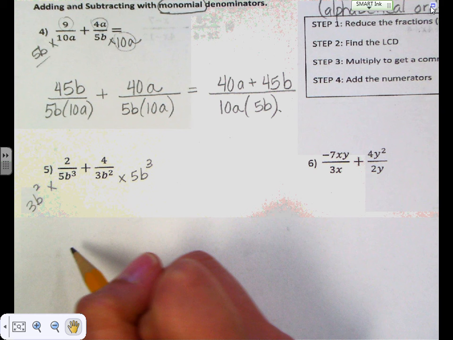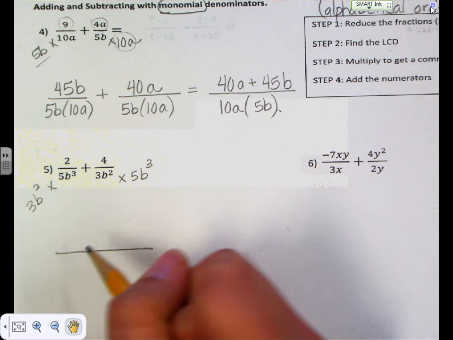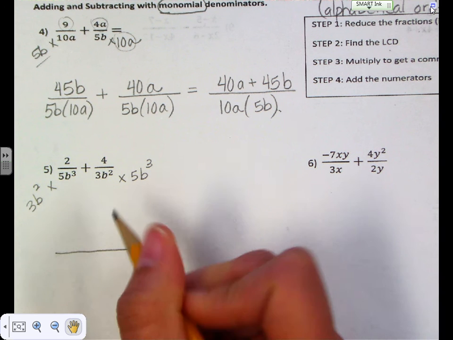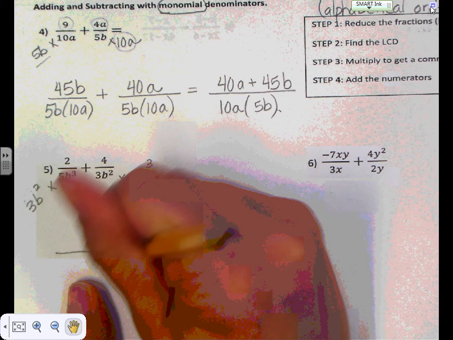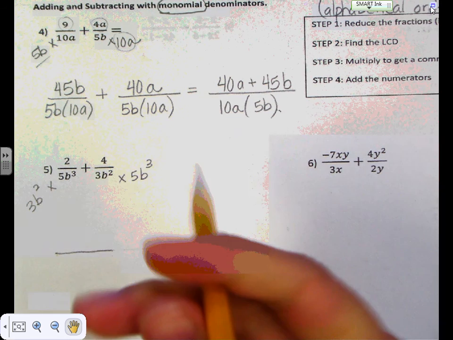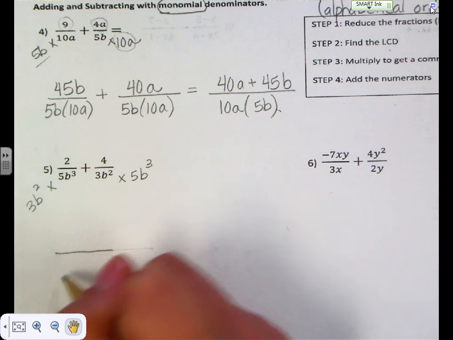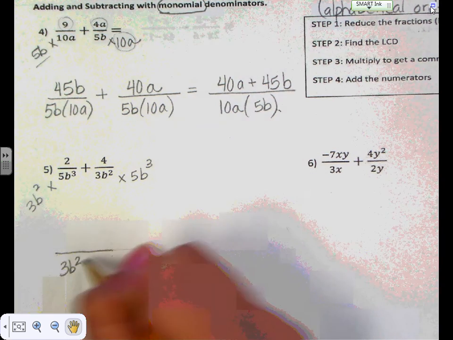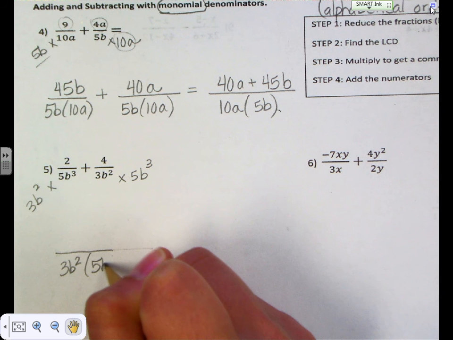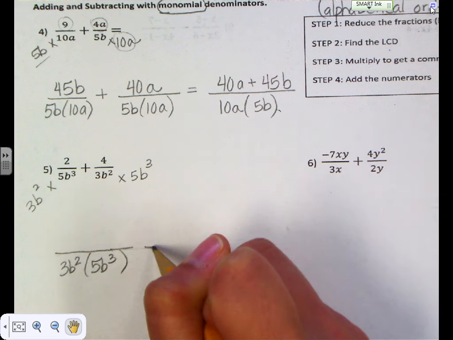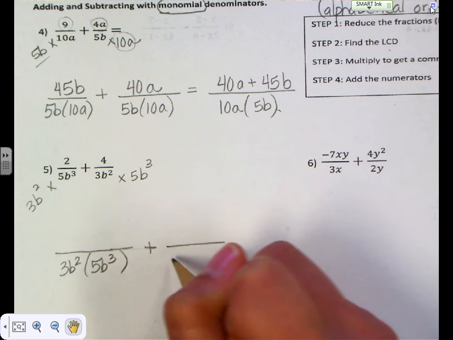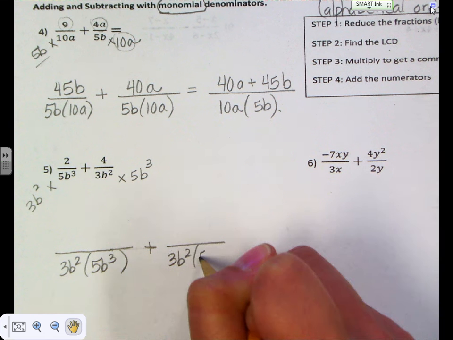So at the very bottom, let me rewrite it: 3b squared times 5b cubed plus 3b squared times 5b cubed.